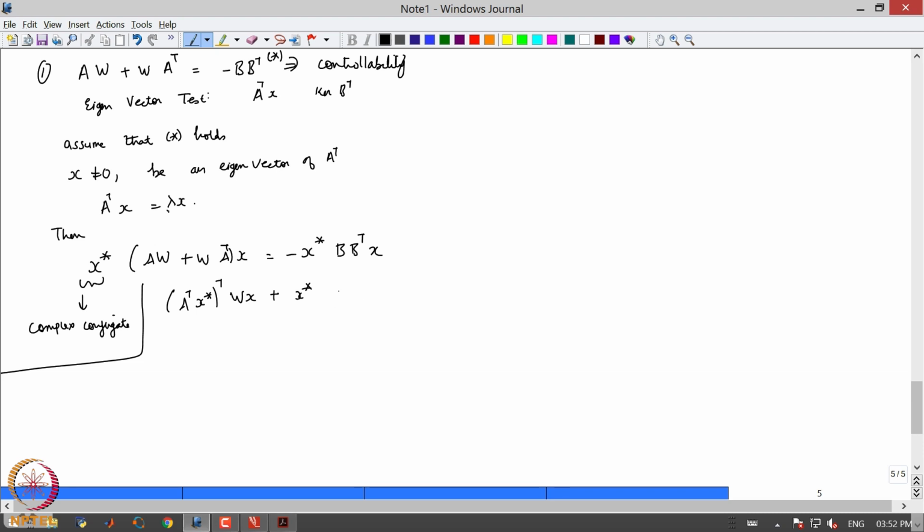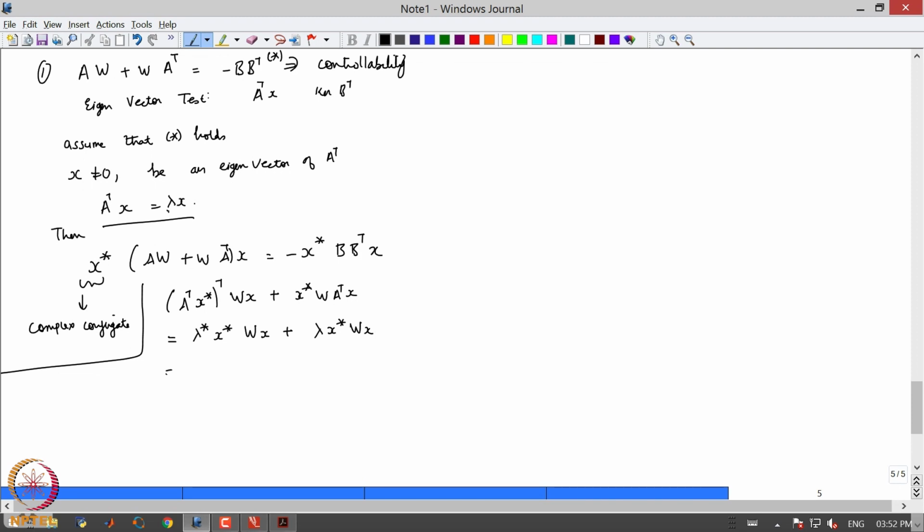So, x star W A transpose x, because of this relation, will take the following form. I will have lambda star x star W x plus lambda x star W x.